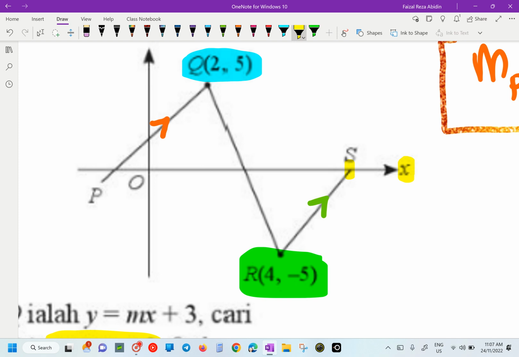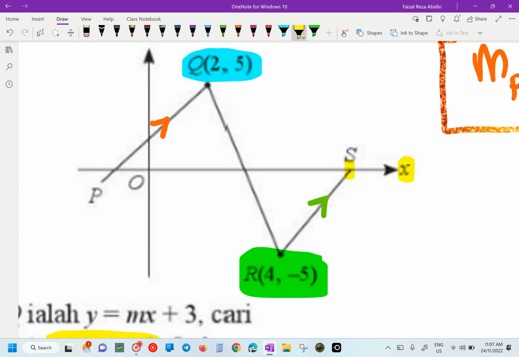No. But what did we know? It's going to relate with our straight line. If we want to find the coordinate of S.